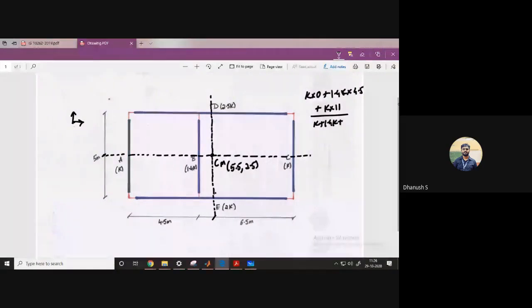How much is this? 5.088. Everyone got the same value?